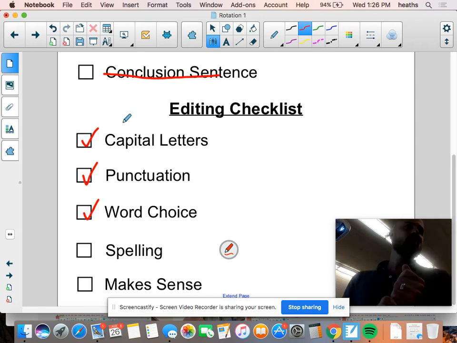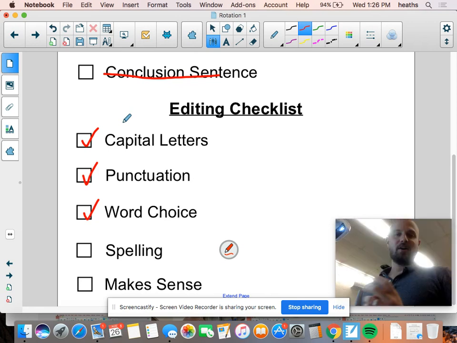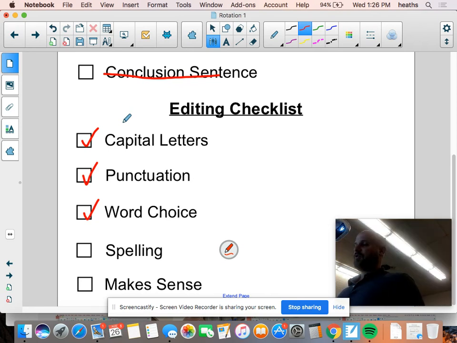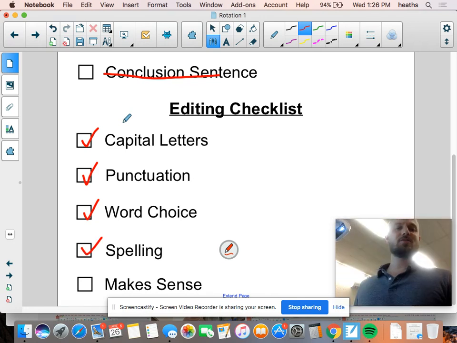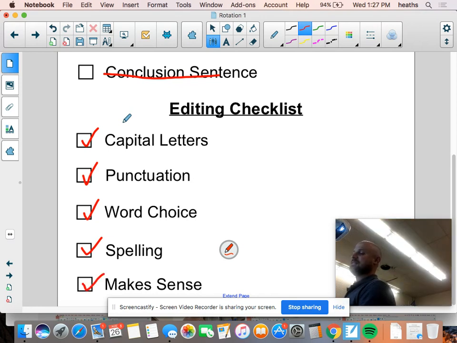And the beauty of what you have on typing these on your laptops is that if your word's spelled wrong, it's probably going to underline it for you. And if you go online and search that word or that misspelling, a lot of times it will give you the proper spelling. Or you can do that, or you can do just spell check, but checking for spelling. And then finally, just that it makes sense.